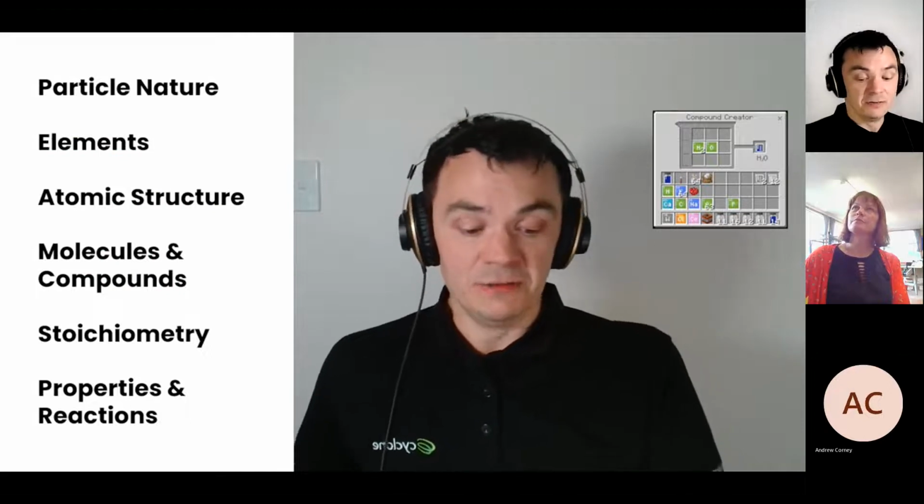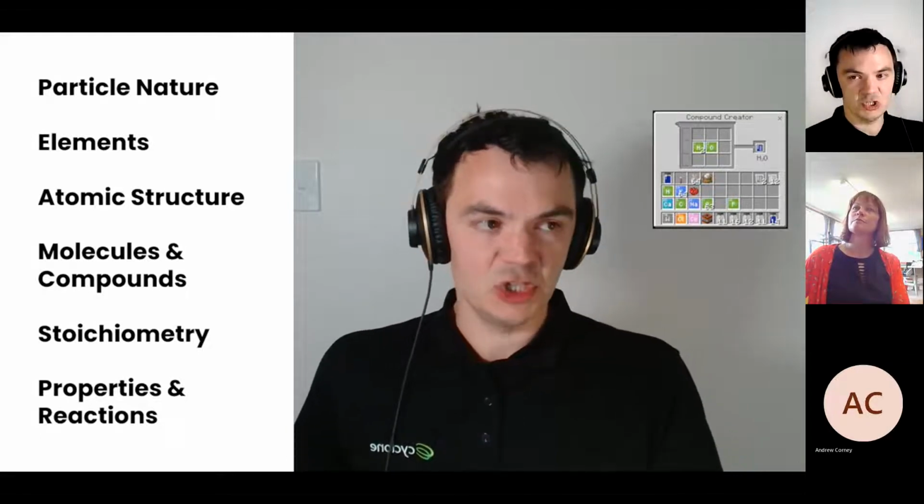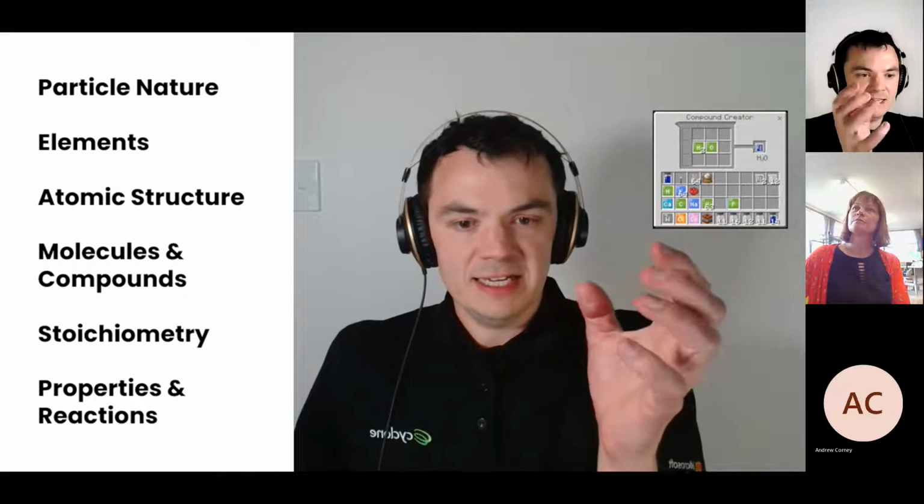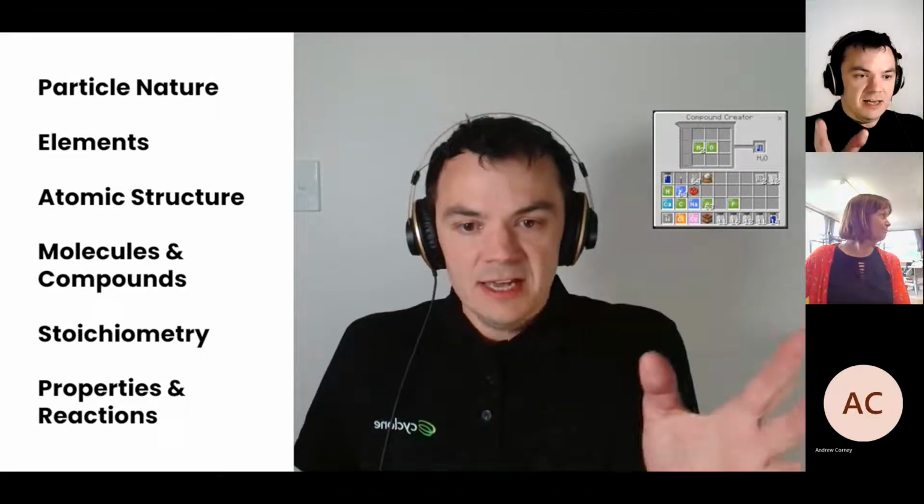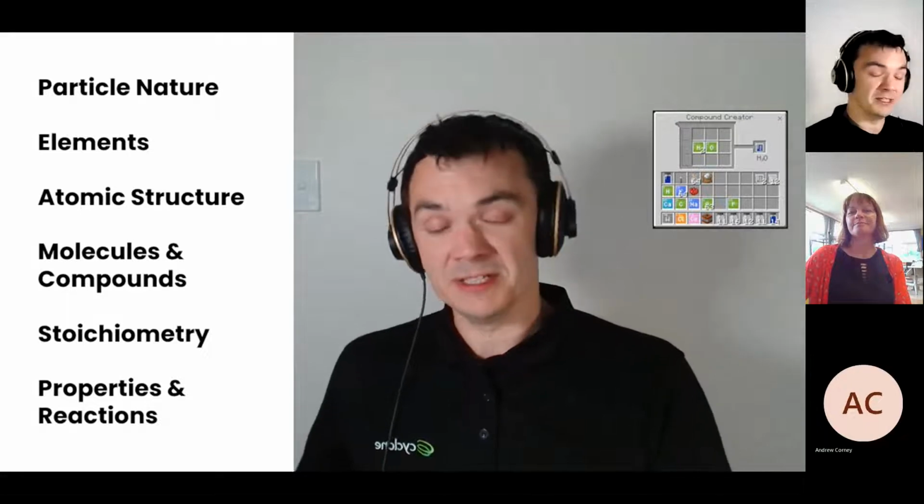And I've just pulled those off there. We're looking at the particle nature of matter, so elements, atomic structure, molecules and compounds, starting to move into stoichiometry. More this idea that we have chemical reactions and they use a certain ratio of this element and this element to form this compound. Reinforcing this can be super helpful because this is definitely something students struggle with a bit.